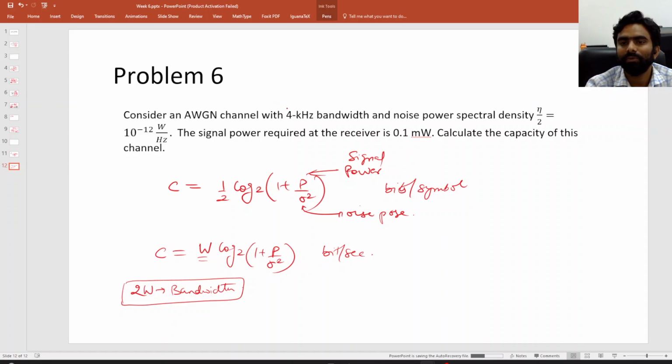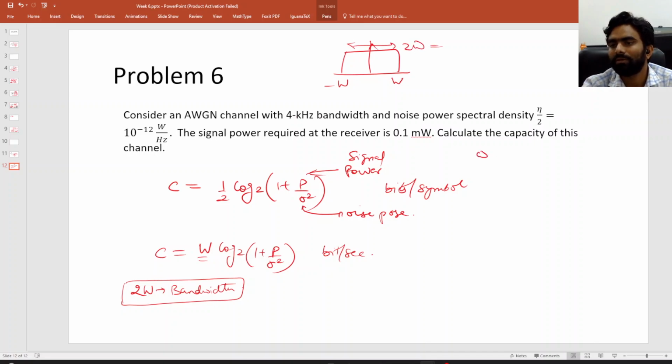So here bandwidth is given as 4 kilohertz, AWGN channel with the 4 kilohertz bandwidth. So it is given like that, W and minus W. So the total bandwidth will be 2W, where W is 4 kilohertz, that is 4000 hertz. And power spectral density PSD is given as eta by 2.